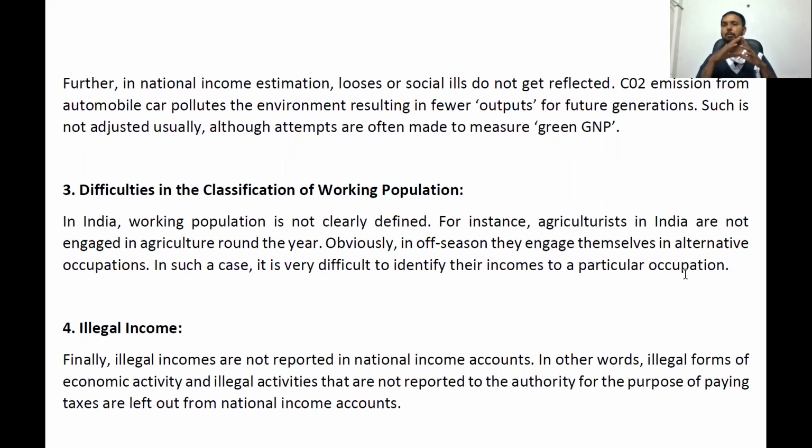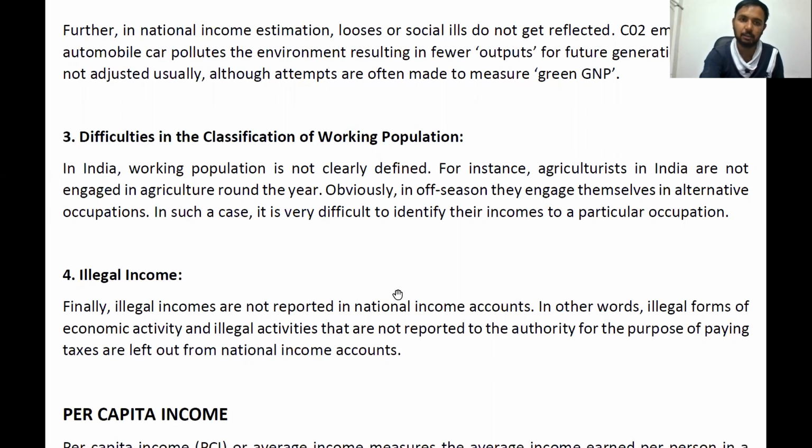So in this kind of case, it is very difficult to know about the income of a particular working person, whether the person is totally dependent on farming or on some other occupation. So it is very difficult to identify the source of income, and again we will face difficulties in measuring national income.